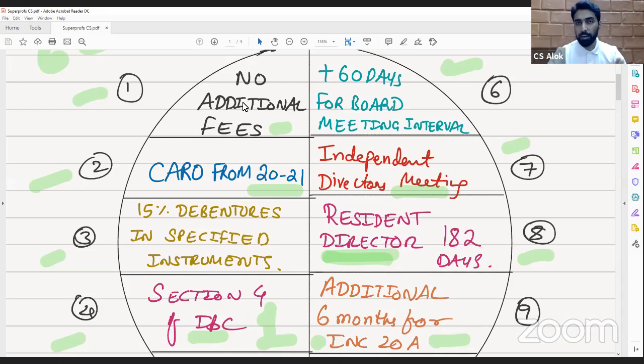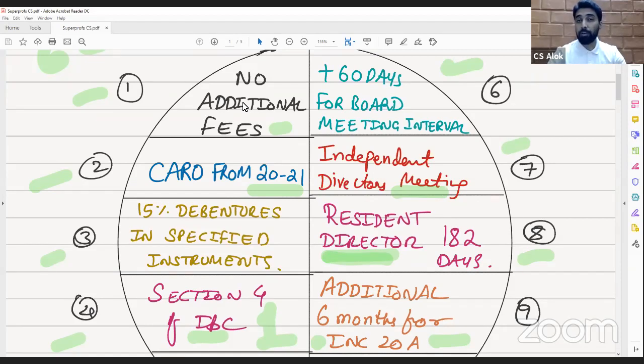It can be 2 times, up to even 12 times additional fees, and after that even 100 rupees per day. For every day of delay, 100 rupees gets added. These things used to be a big burden, but companies had to do it within the time limit.